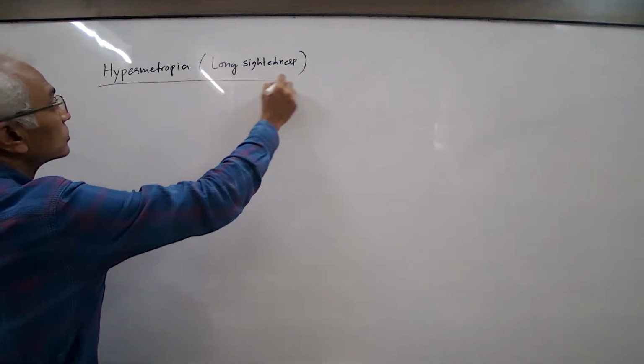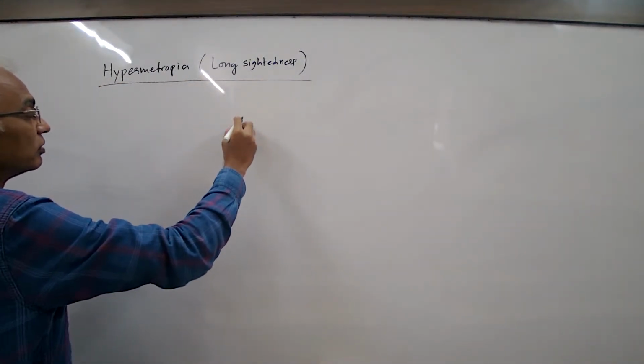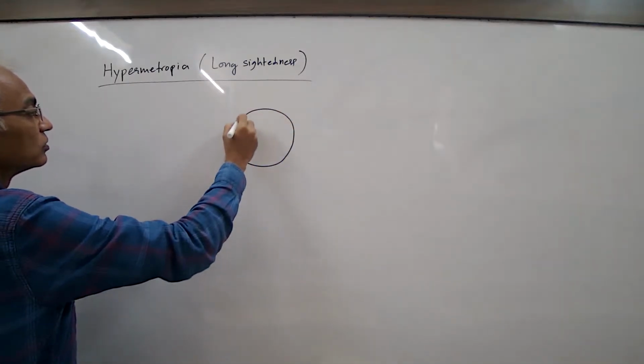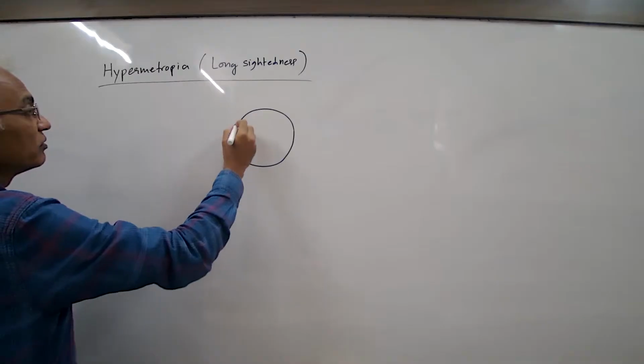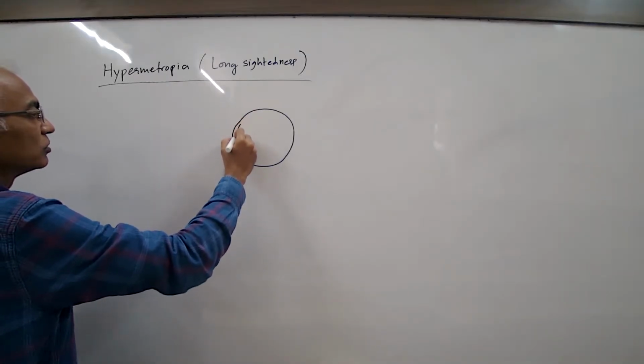So, in long-sightedness, which sight is defective? Which vision? Near vision or far vision? Near vision is defective, right?